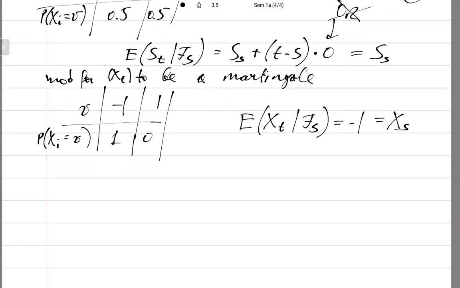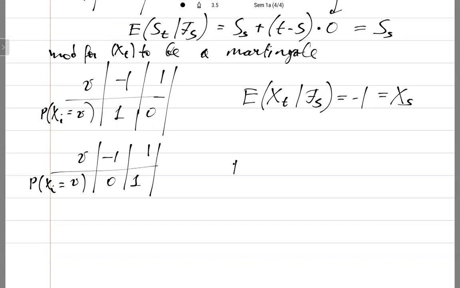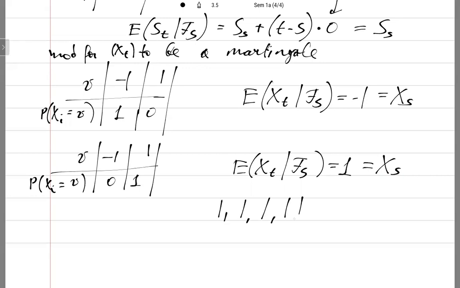And there is another modification. Which one? 0.1. Yeah, we can modify like 0.1, and in that case, the expected value of xt given fs would be just 1, because we have a very special random process that is 1, 1, 1, 1, 1.